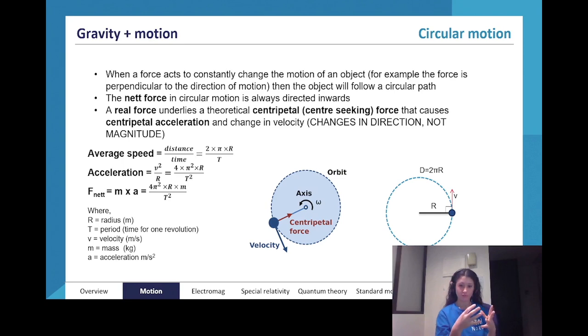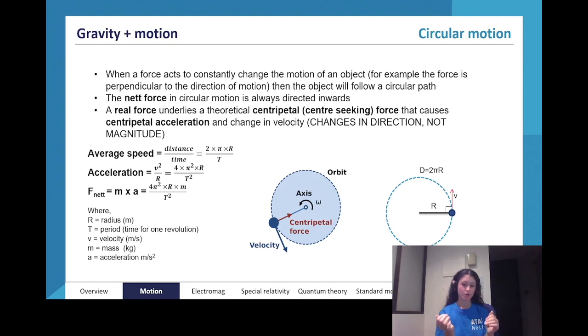Thinking about this in the context of circular motion, if you are driving around a roundabout, or, I don't know, doing a donut, but a roundabout is probably safer, if you're going fast enough you feel like you're being pulled away from the center of motion.